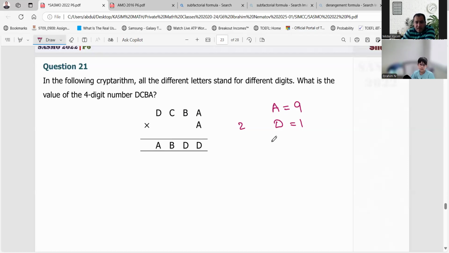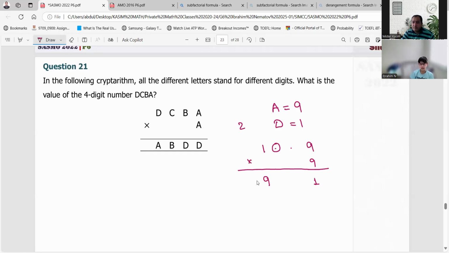Okay. So if A is equal to 9, D is equal to 1, right? Because D cannot be 2, 3, 4, 5. So this will be 1. I'm multiplying this by 9. 9 times 9 is 81, right? And also 9 times 1 must be equal to 9. It cannot be actually something from here. So Ibrahim, this number, can it be 2 or 3 or 4 or 5?